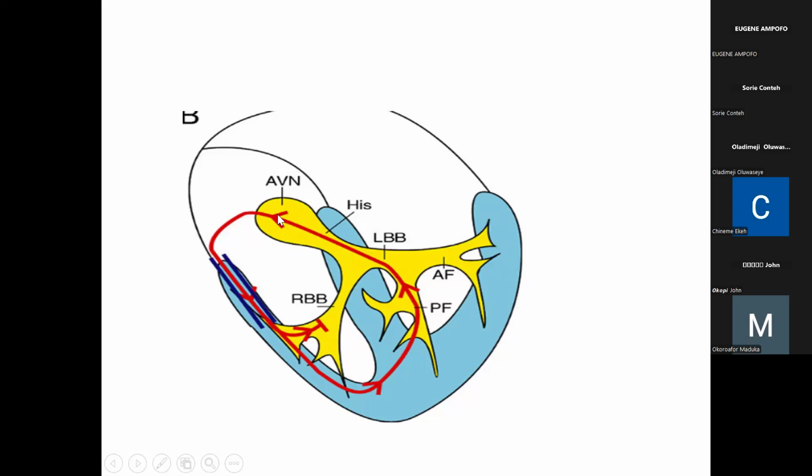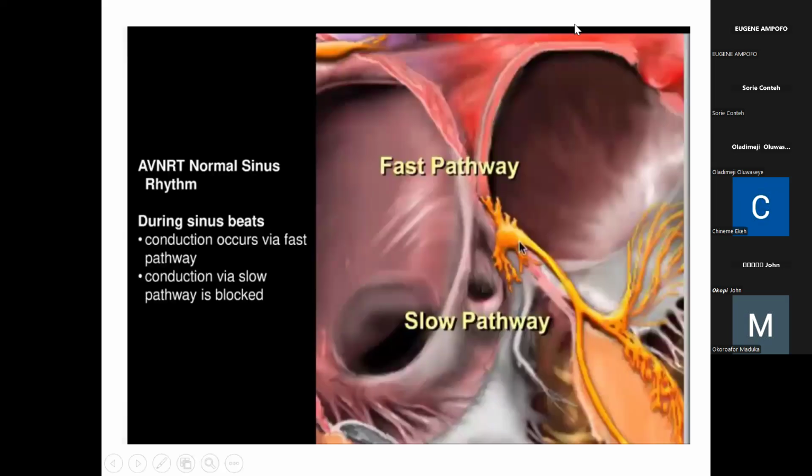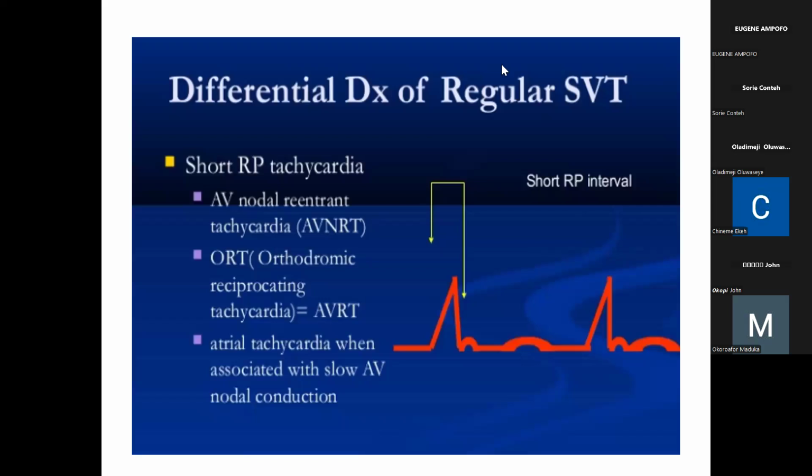That gives you the feature of an orthodromic atrioventricular reentrant tachycardia, AVRT. Okay, so that is why the differential for a short RP interval could also be orthodromic AVRT, but not antidromic AVRT. Okay.